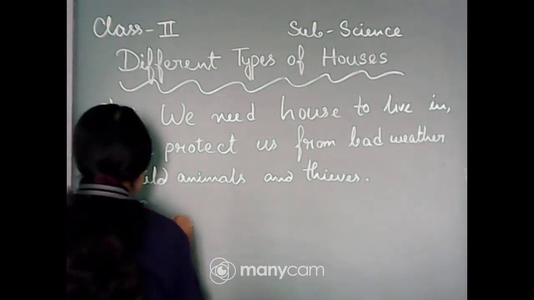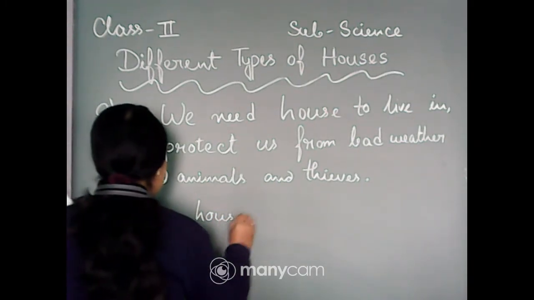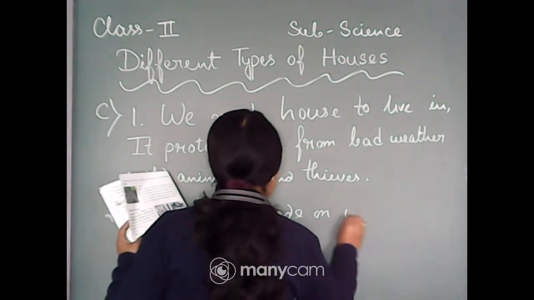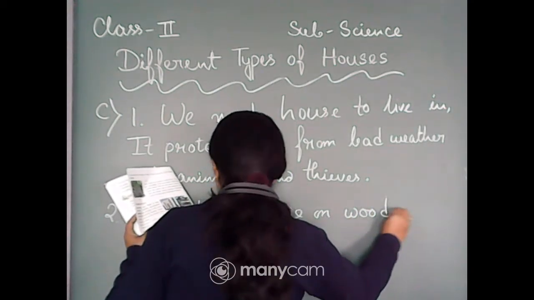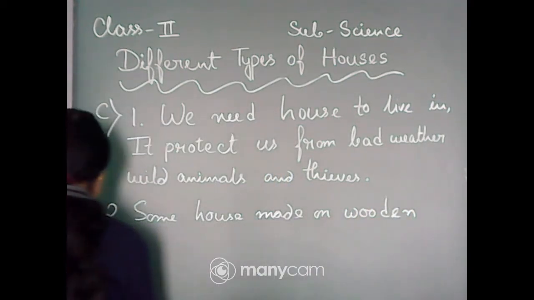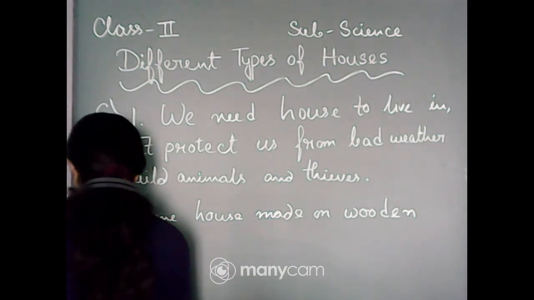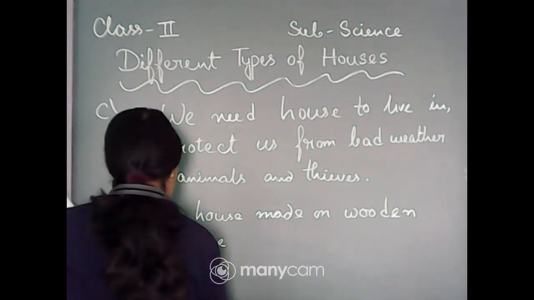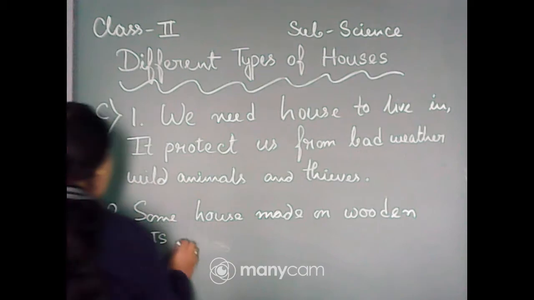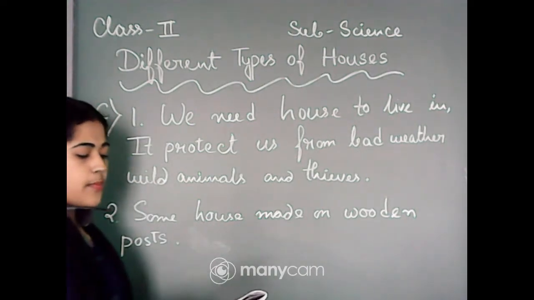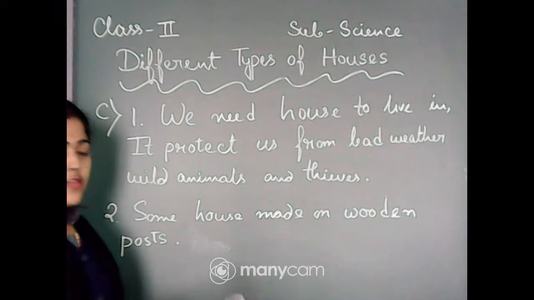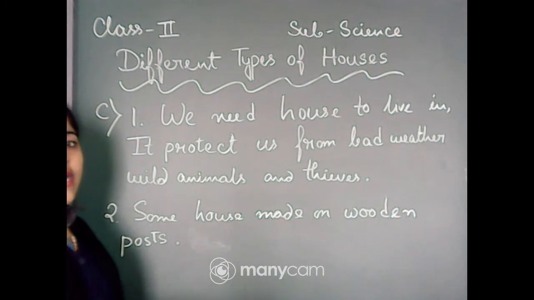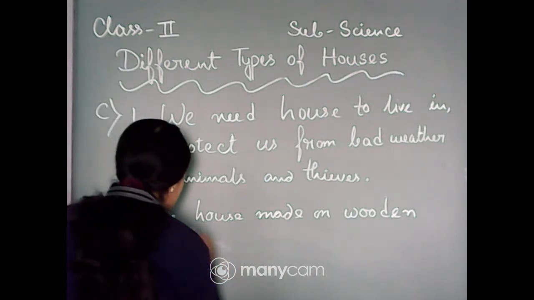So some houses made on wooden posts are called stilt houses. You can see such houses are quite high from the ground.